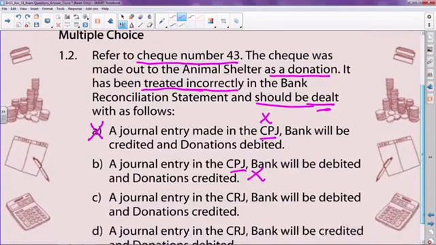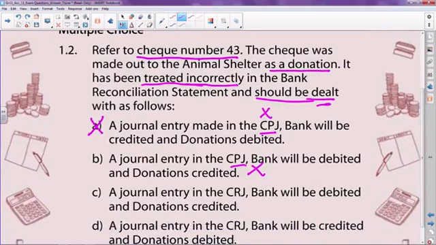Okay, let's now look at C, a journal entry in the CRJ, so I need to look at C. D also talks about a journal entry in the CRJ, so I'm going to look at D as well. So it's obviously between C and D, but let me read further.